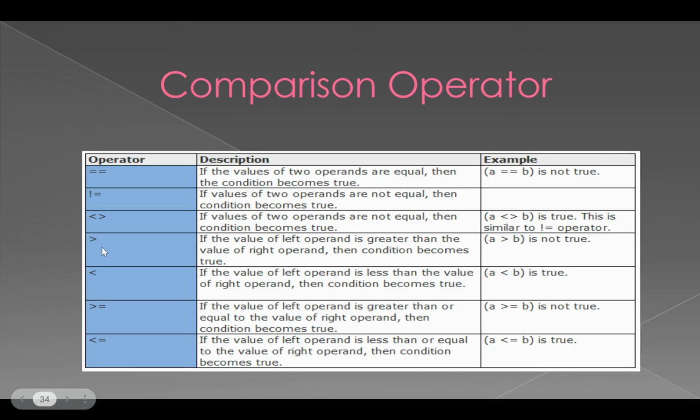The main difference between greater than and greater than or equal to is that if you write a is greater than 10, 10 will not be included. It will go till 9. But if you write a is greater than or equal to 10, 10 will also be included. Same is the case for smaller than and smaller than or equal to, right?